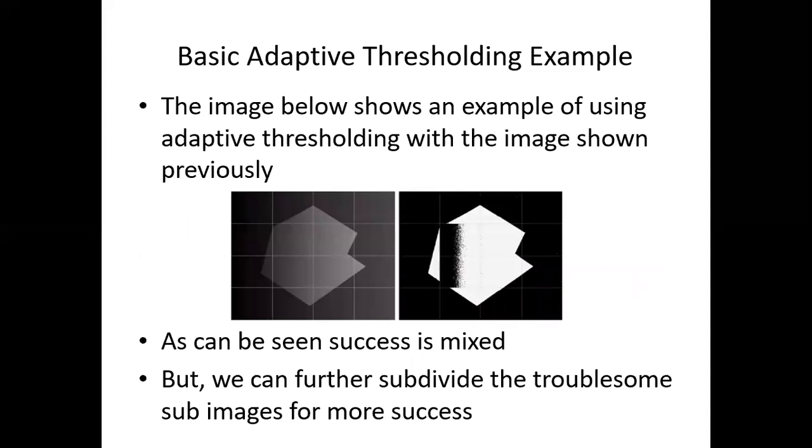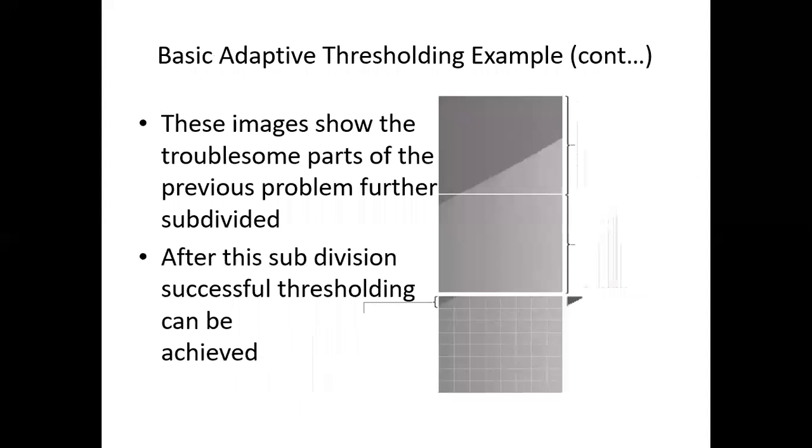Basic adaptive thresholding example: the image below shows an example of using adaptive thresholding with the image seen previously. As can be seen, the success is mixed, but we can further subdivide the troublesome sub-images for more success. These images show the troublesome part of the previous problem after subdivision. After the subdivision, successful thresholding can be achieved.